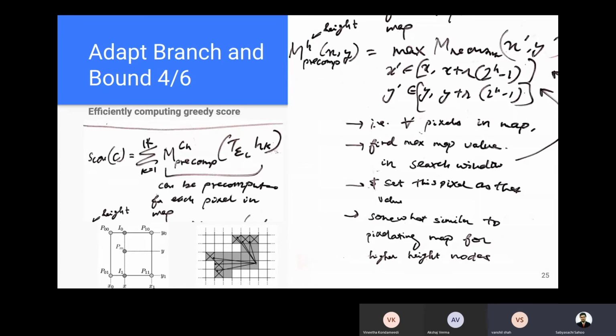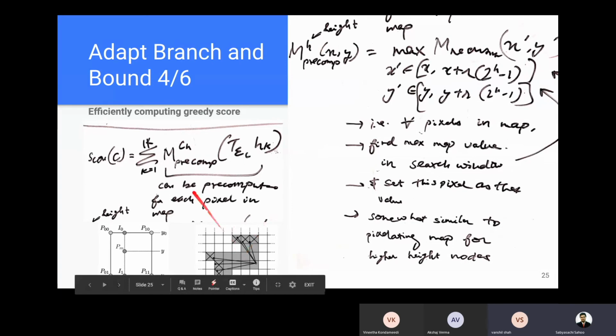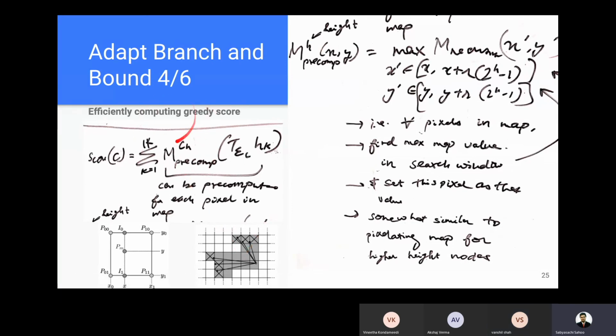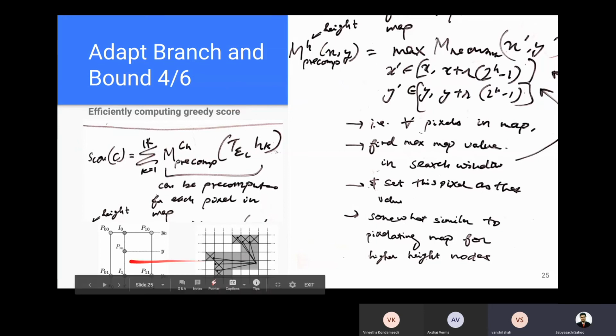We would like to do these greedy score computations efficiently. If you remember this plot, there are multiple heights, different. Of course, these are the final scan endpoints.